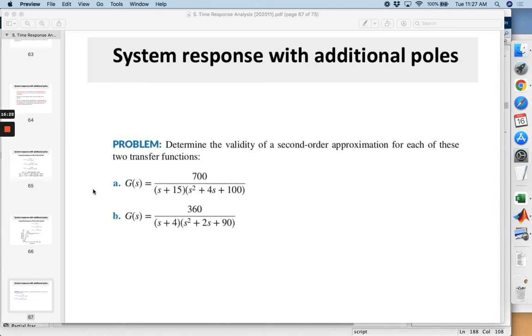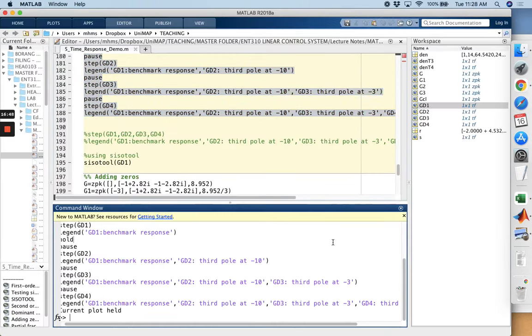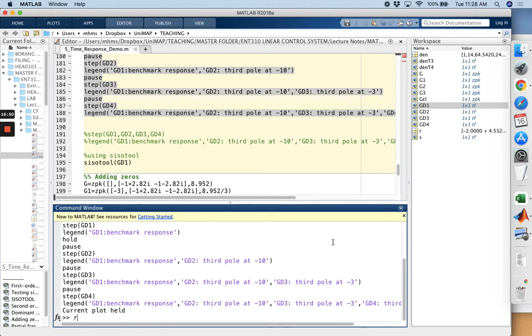For this problem, what you need to do is determine the validity of the second order approximation by the ratio of the third order pole to the dominant poles. For this question we have 1 for 100. We can find the roots of this polynomial.